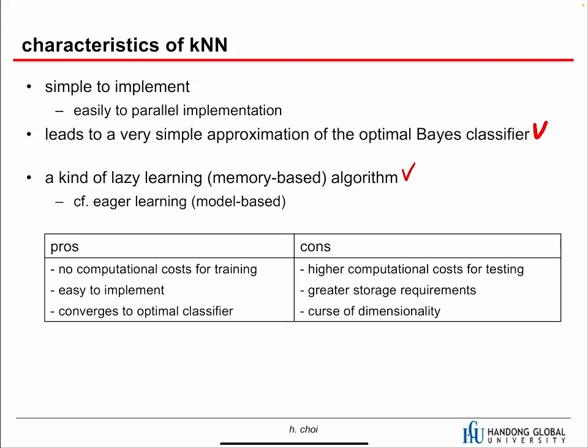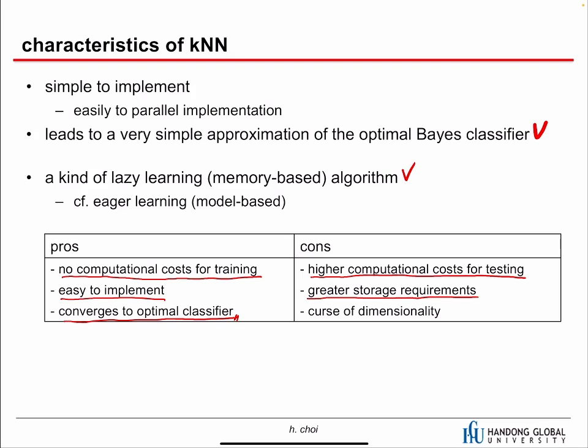So, pros and cons. In kNN, there's no computational cost for training. It's easy to implement, and it converges to the optimal classifier. That's a good thing. But the higher computational cost for testing is the problem, right? And we need greater storage to store all the training samples. If we increase the number of samples, then we need more memory space.